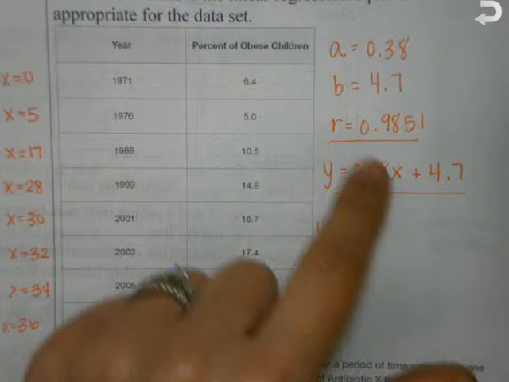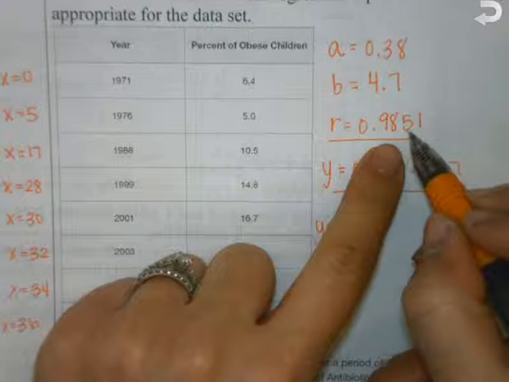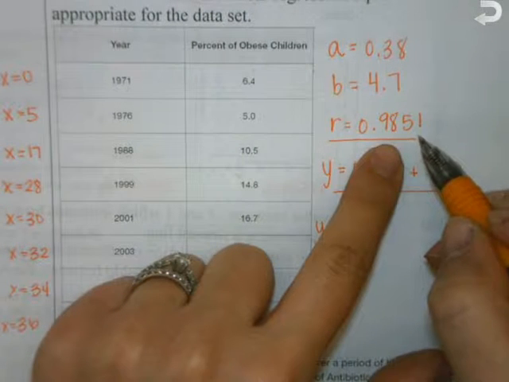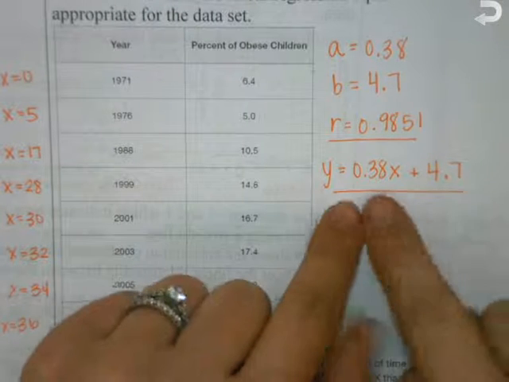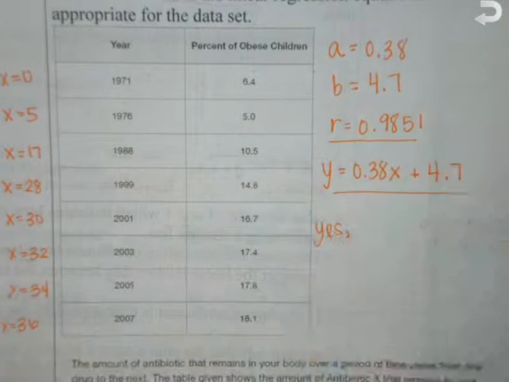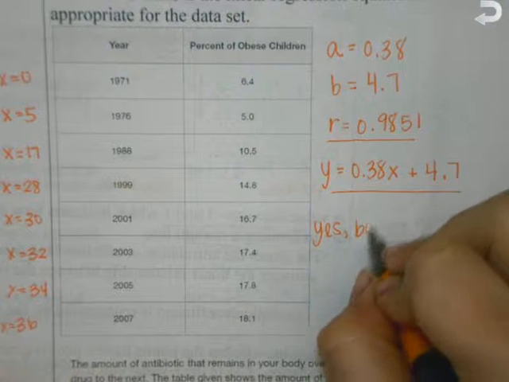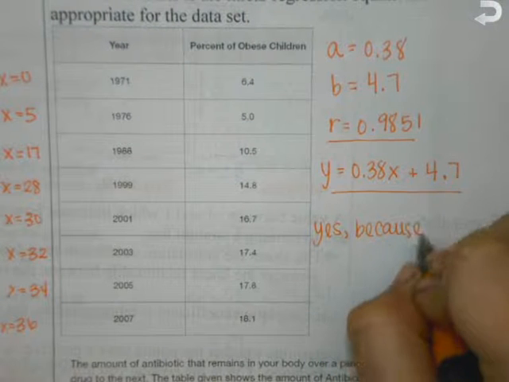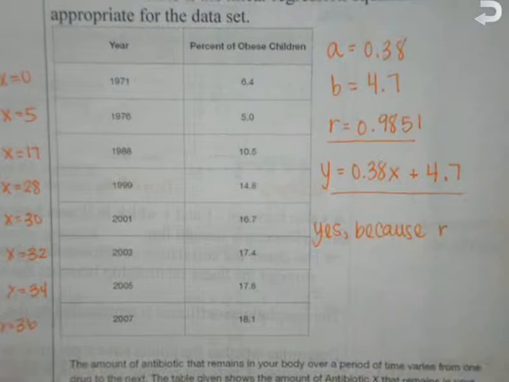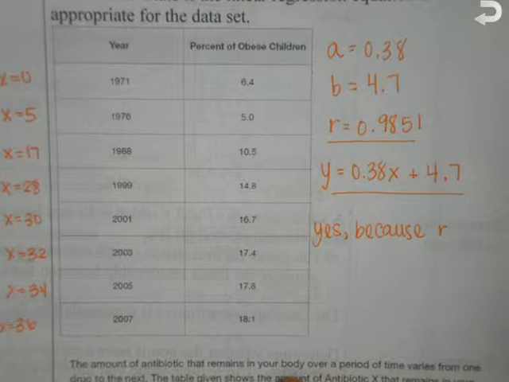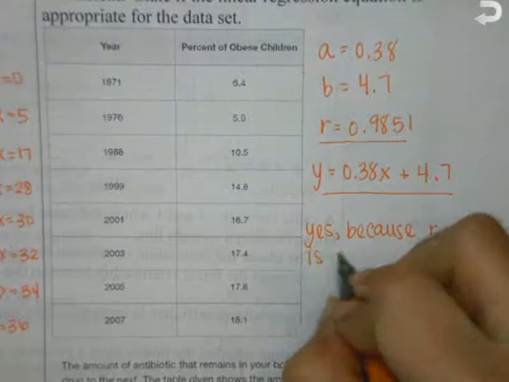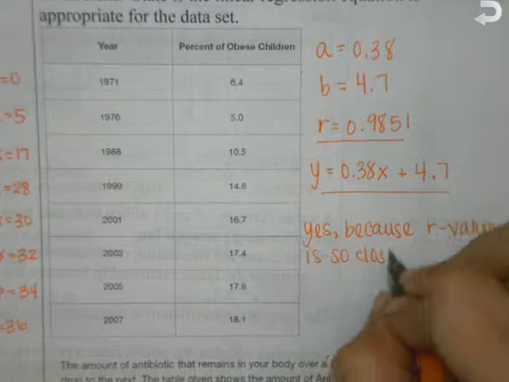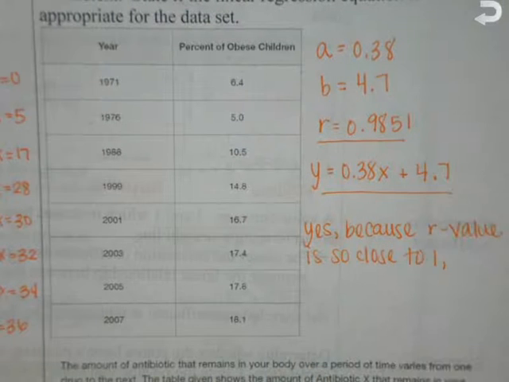The correlation coefficient is almost 1. So is this a pretty straight line if we were to plot all of our data? Yeah. So is this equation pretty accurate? Yes. So because the R value is so close to 1, there is a strong correlation.